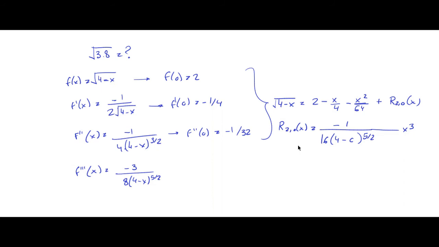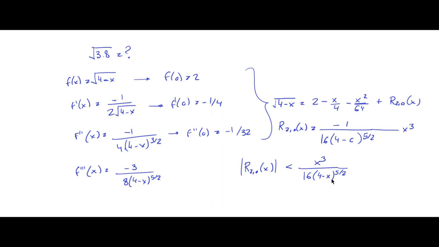And okay, so now if x is greater than 0, and that's what we want here, we can say that the absolute value of our remainder is going to be smaller than x cubed divided by 16 times (4 minus x) to the 5 over 2, because from 0 to x, this function is increasing.